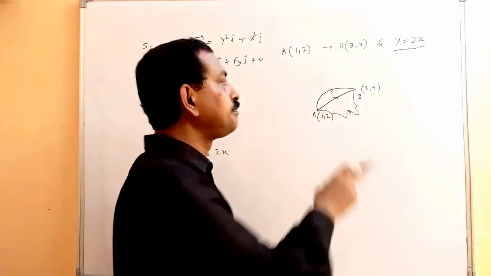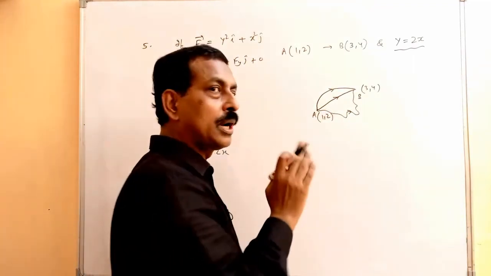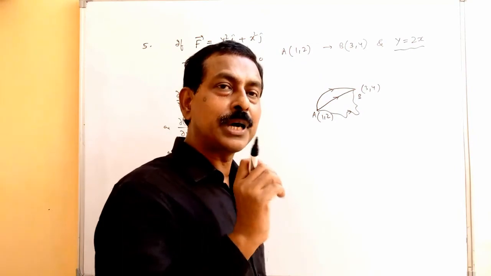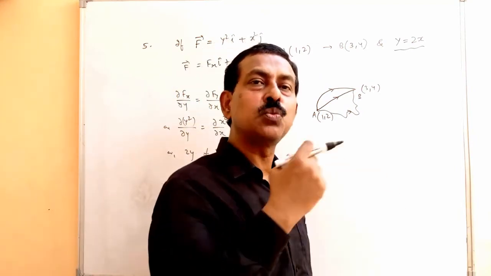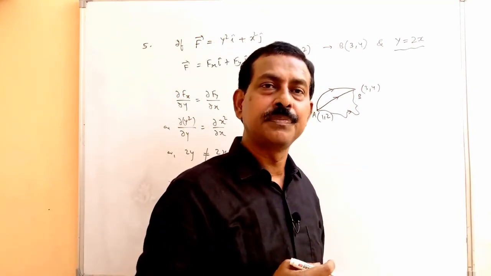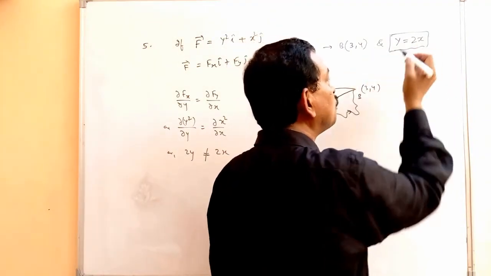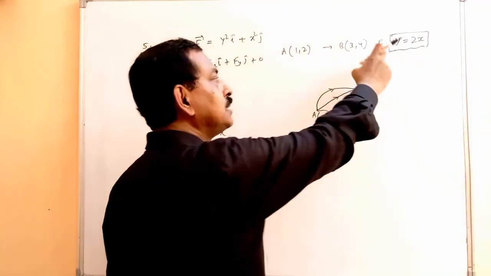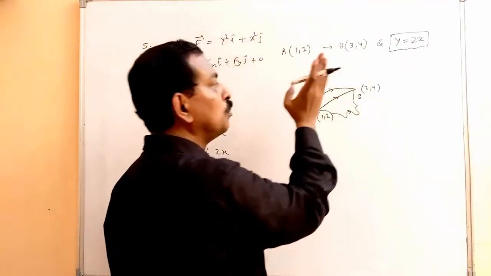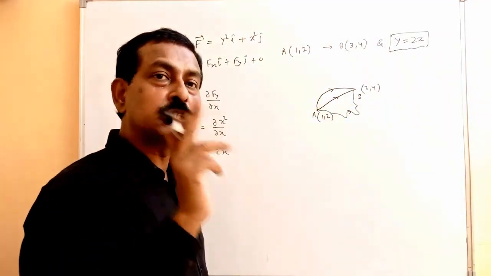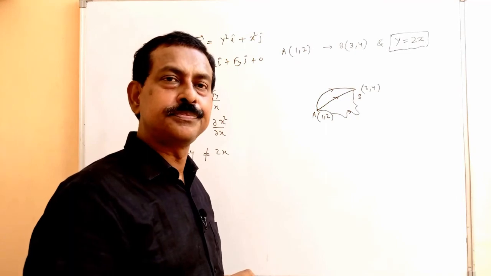But this time, as it depends upon the path, we must specify along which path this work has been carried out. For that, this is the additional information given in the problem, that y equals 2x. You have to move the body along this particular path.